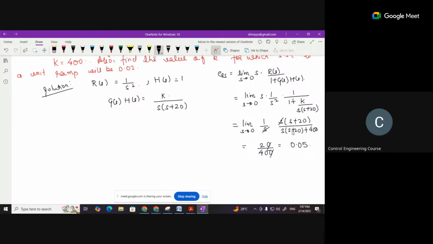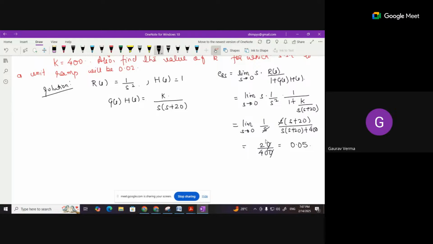Please check. I actually used the method that we used in our last problem. For KV, I calculated KV directly using limit S tends to 0 of S GSHS. Have I made any mistake?